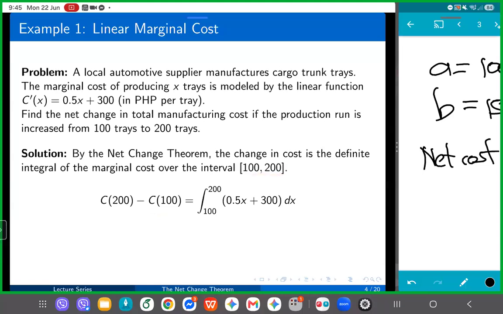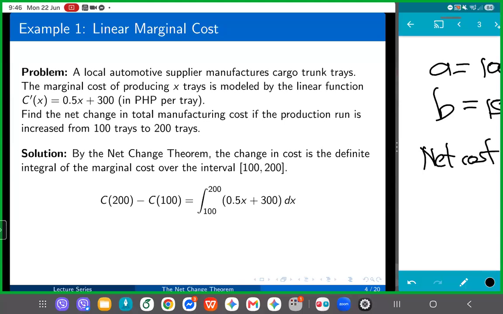You just subtract the cost of producing 200 and the cost of producing 100. But we don't have any data for those. We only have data for the marginal cost.